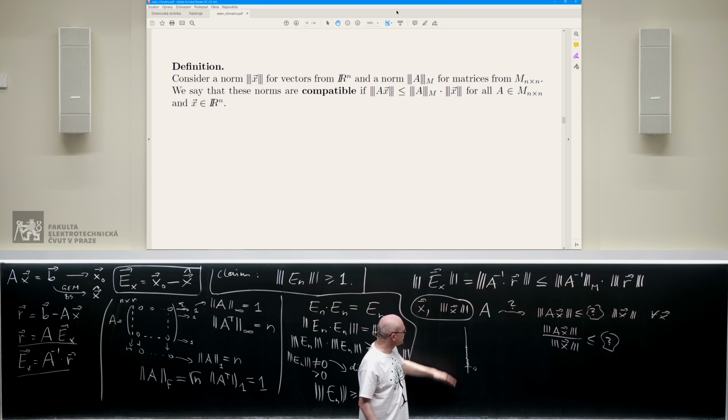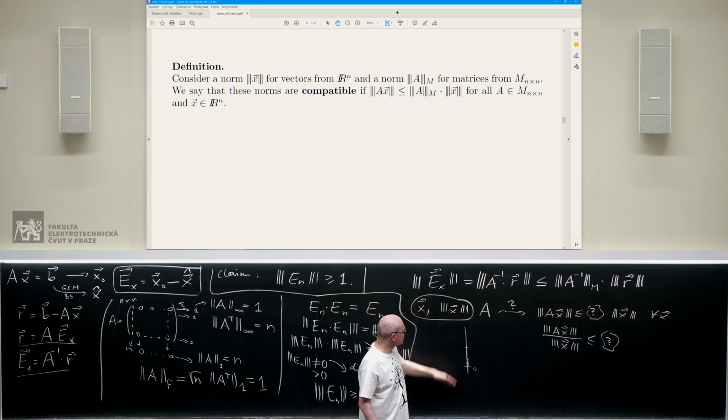I am not calling it a norm yet, I'm just saying it's a mapping. But then there comes the statement, which says that in this way we obtain a norm, and it is a norm compatible with the vector norm. So they are really a perfect fit. And this matrix norm is called the matrix norm generated by the original vector norm. So a vector norm generates a matrix norm.